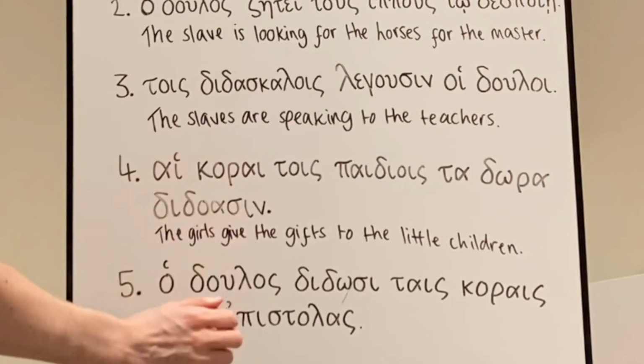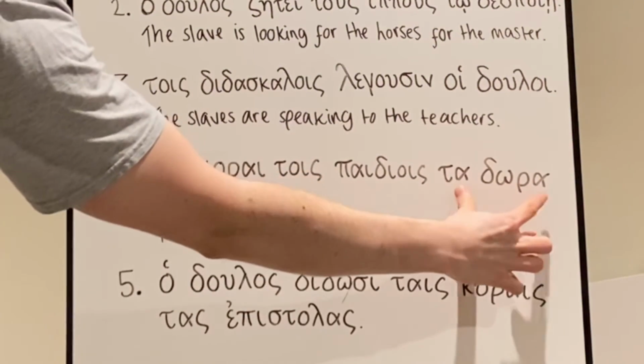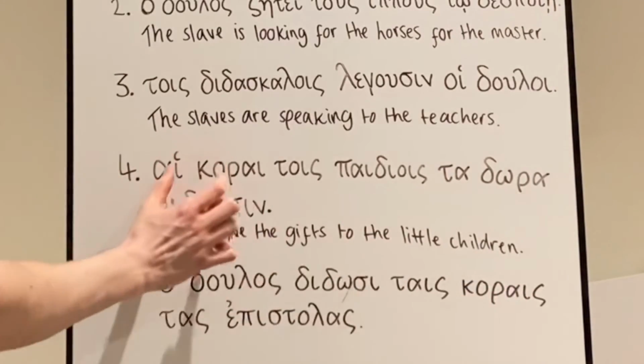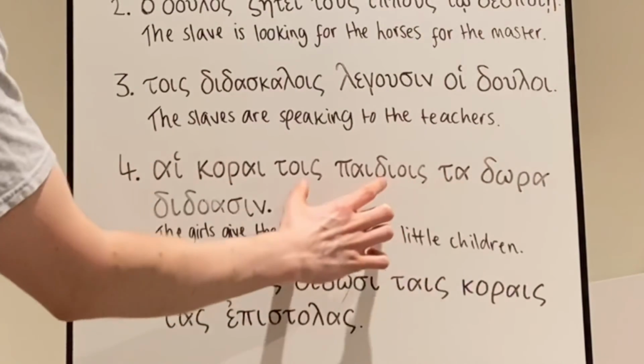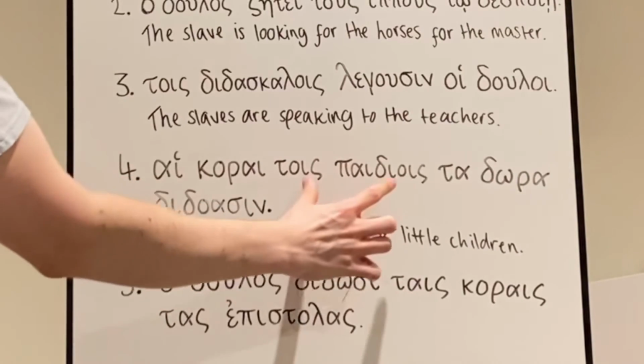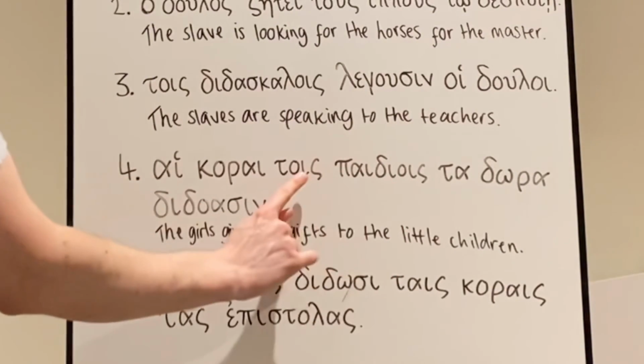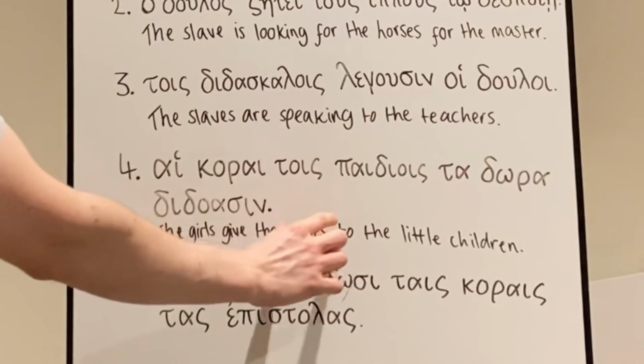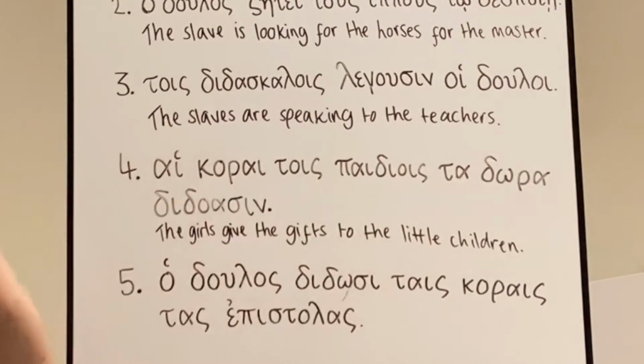So the girls give. Ta dora, we know that this is accusative, it doesn't make any sense for it to be nominative. So the girls give the gifts to the little children. The little children were in the dative, as indicated by tois, the neuter dative plural definite article. It's neuter because it's going with paidiois, paidion being a neuter noun.